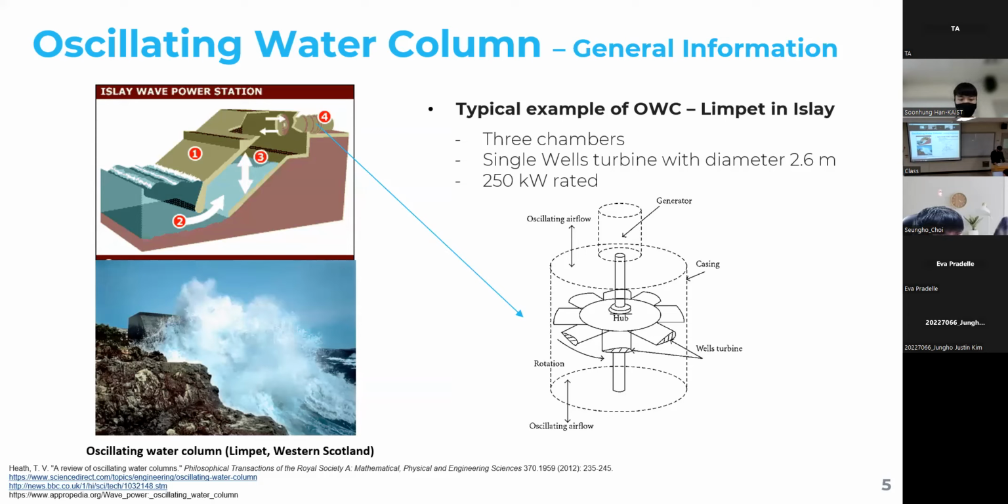It has 3 chambers and a single Wells turbine with a diameter of 2.6 meters. The right figure shows the Wells turbine. The Wells turbine is compared with the principle of the airfoil. This OWC can produce 250 kilowatts.